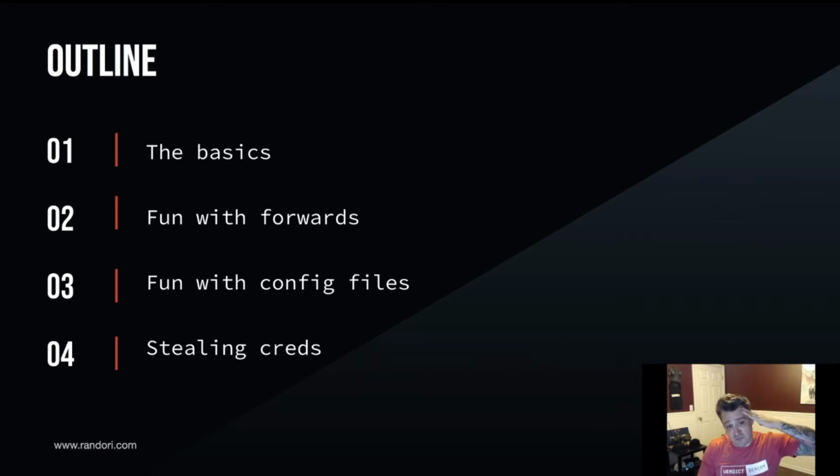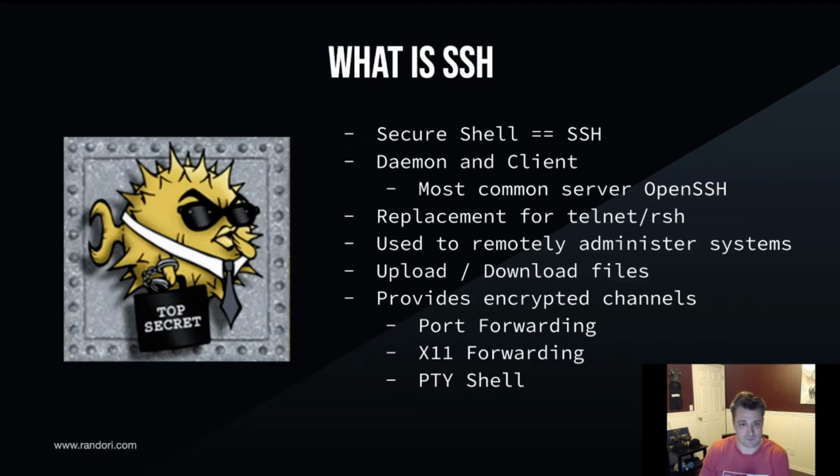And then finally, what probably most people are here for, we're going to go through a few different scenarios where you can actually get plain text creds by tricking users into doing things that they are probably not intending to do, or kind of taking advantage of just how the SSH process works.